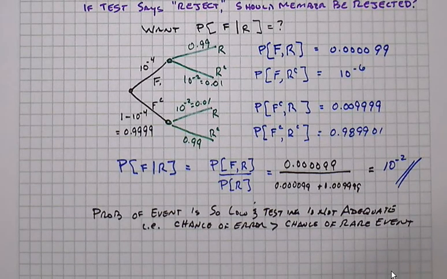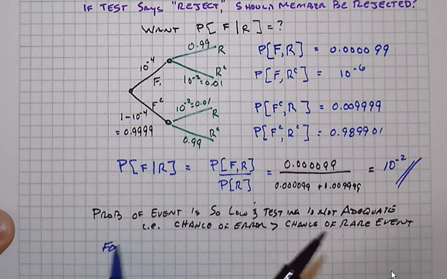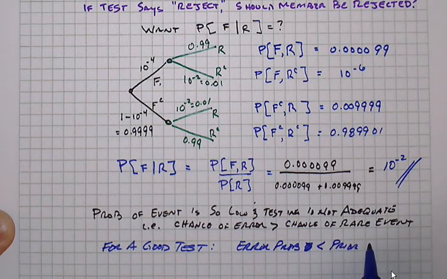Right? And big picture, then, for a good test, we have to flip this around. We need our error probability to be less than our prior reliability.